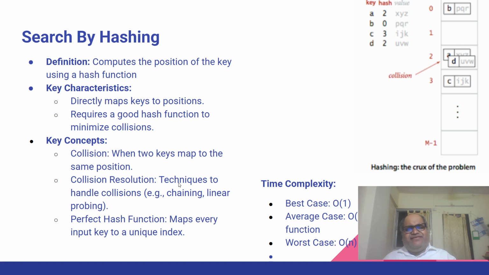But when there is a collision, whether it was 7 that set it up, or 107, or 1007, that actually becomes a challenge.